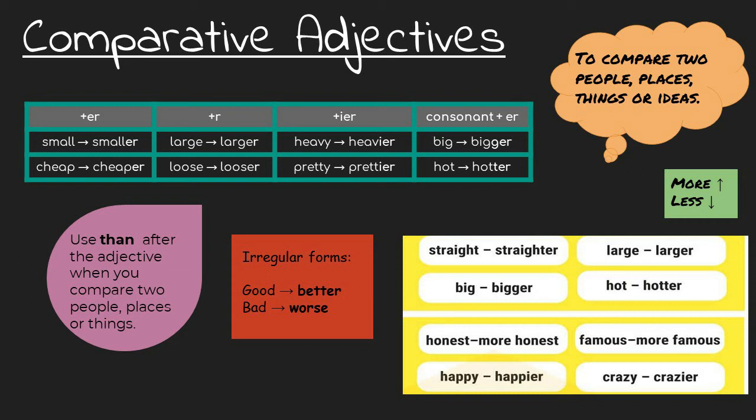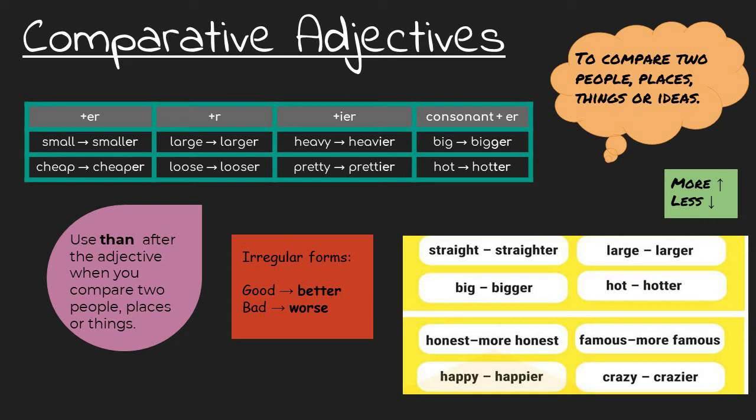So this is to compare. Also, we have here, "This sweater is nicer than that one," or "These gloves are more expensive than the other pair," right? Or for example, imagine that we can say, "I am smaller than my brother," right?